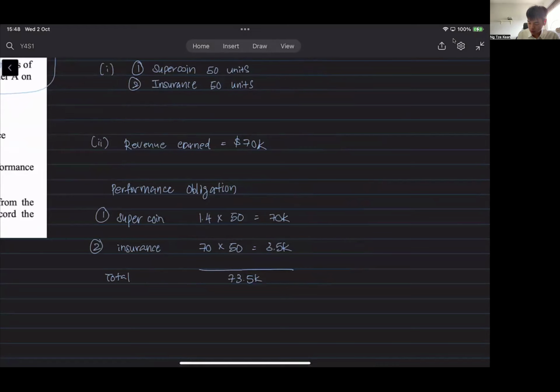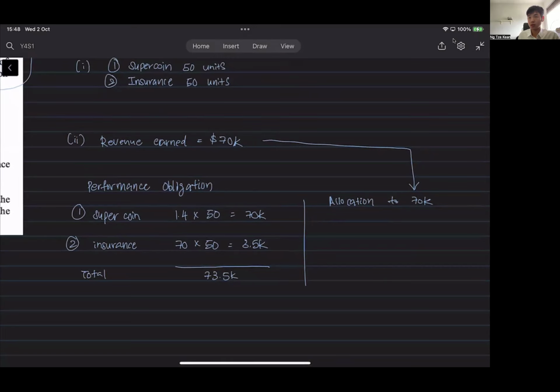And now what we need to do is we need to perform the allocation to the 70K over here, right? So to allocate the amount for the super coin, it would be 70 over, so this value here, over the total 73.5, right?